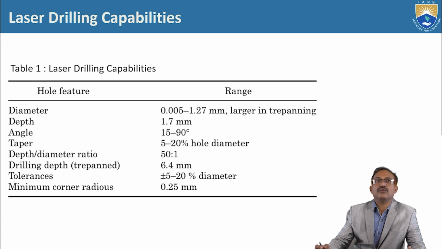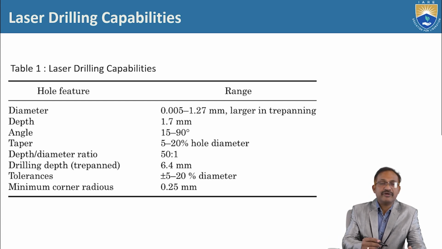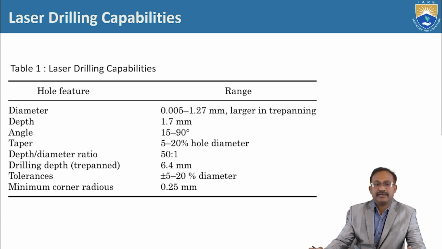Already we have seen them in our previous presentations. However, just refer at a glance: diameter, depth, angle, taper, depth to diameter ratio, drilling depth, tolerances, and minimum corner radius. So these are the values corresponding to hole features.